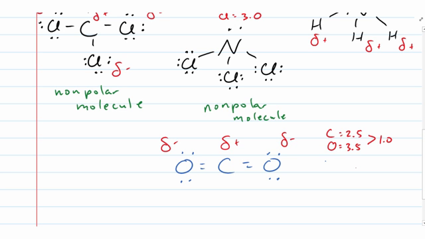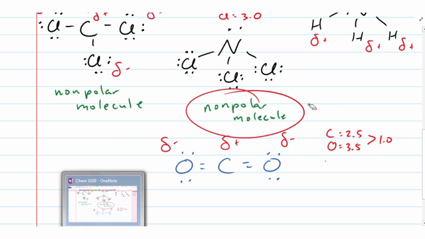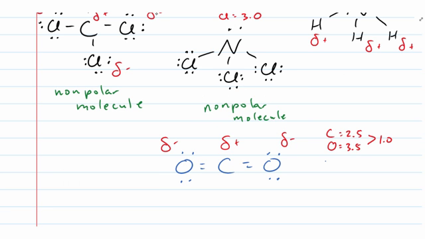This oxygen atom is tugging electrons this way, and this oxygen is tugging electrons this way, because each one of them wants those shared electrons, but they are tugging against each other with equal strength. If they're pulling on each other with equal strength and their sides are opposite of each other, their net effect is to cancel each other out. And when they cancel each other out, that makes them a nonpolar molecule.